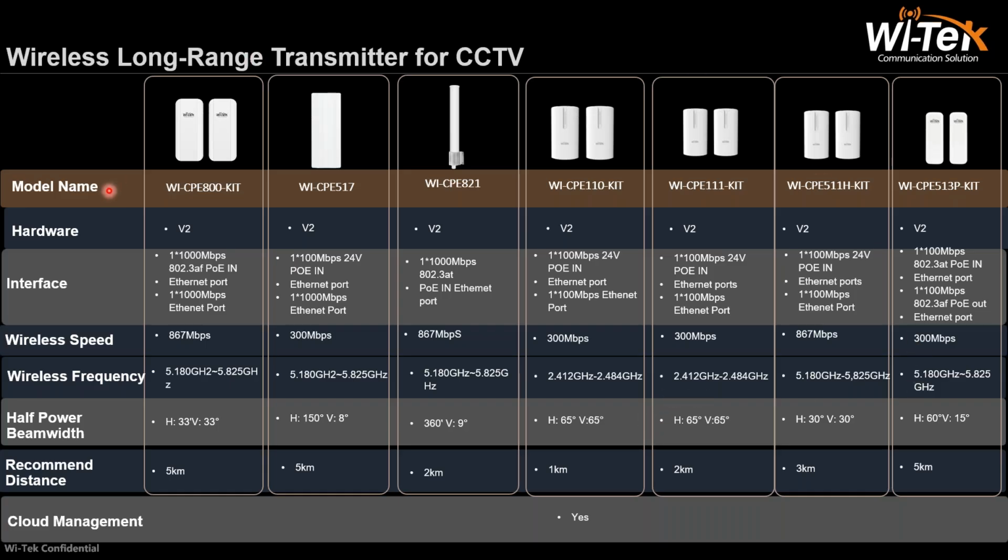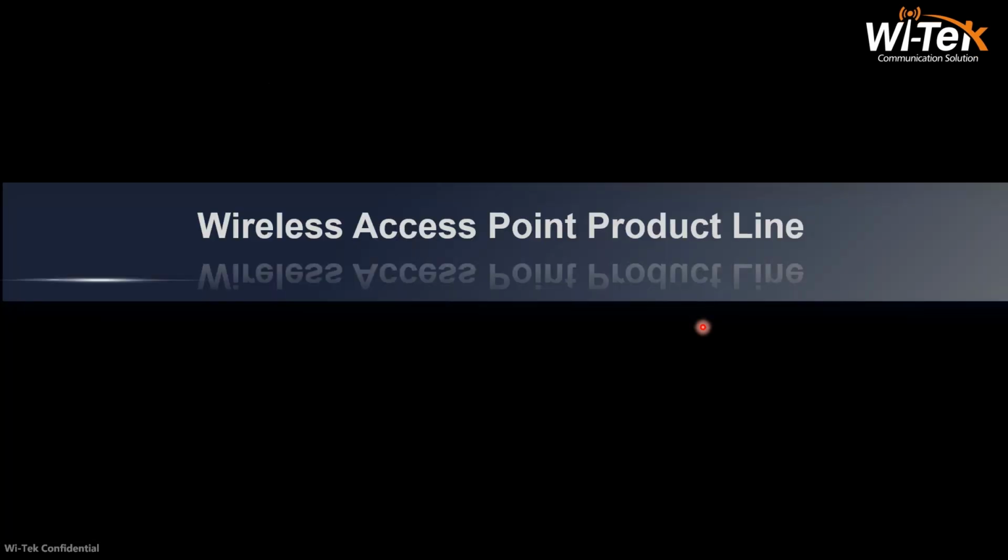And here are the wireless transmitter parameters. We have from 1 kilometer to 5 kilometers, and the wireless speed from 300 megabits to 800 megabits. Okay, let's move to the next part, the wireless access point product line.